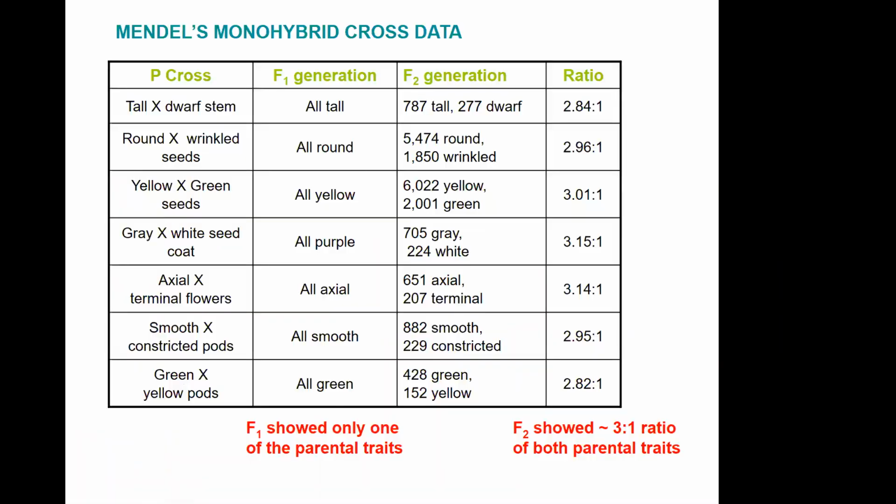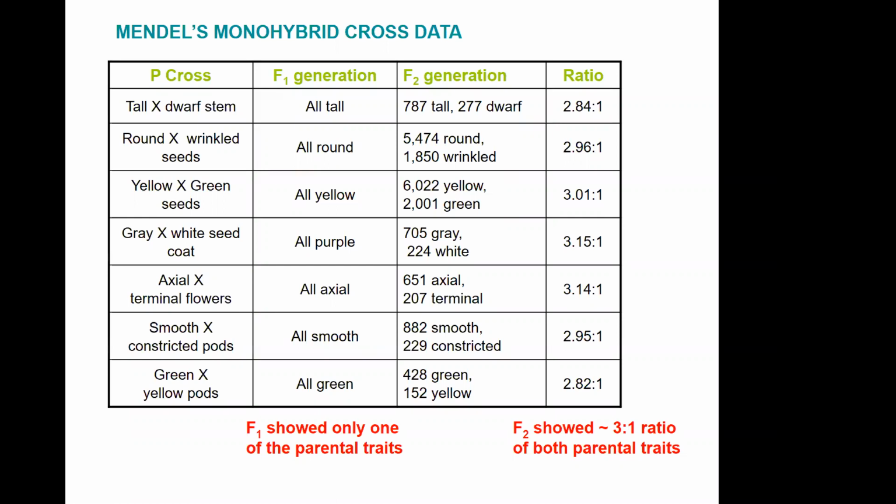So what did Mendel do? He saw 7 different things he looked at, and he noticed that every time in that first generation, the F1, all organisms were identical, and they had only one or the other of the two parent traits. So if you had yellow and green seeds, here, only yellow, okay? But in the second generation, you saw yellow and green again, not equal numbers, but in a proportion.